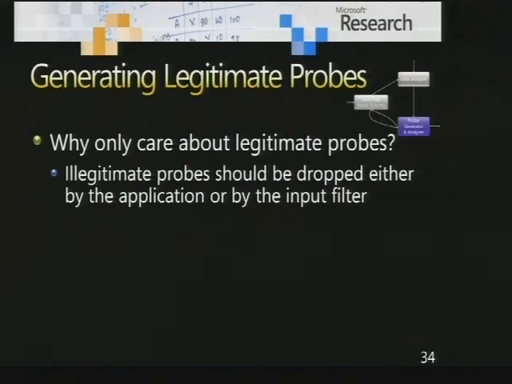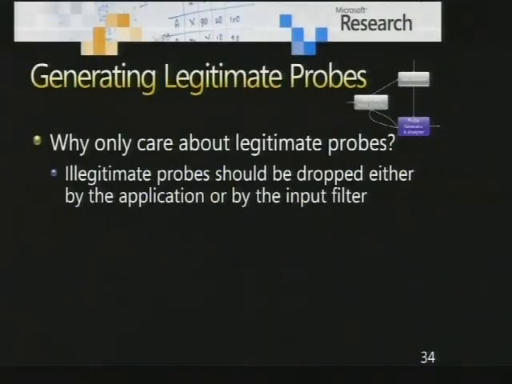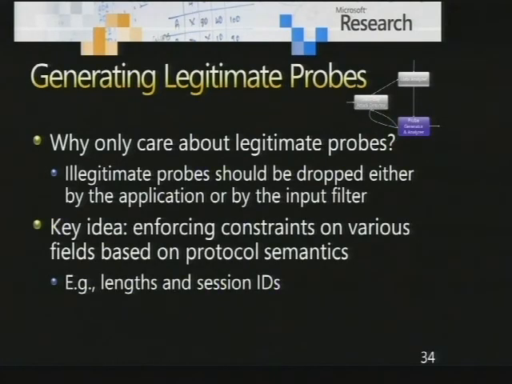First, I want to ask why we only care about legitimate probes. The reason is illegitimate probes would be dropped either by the application or by the input filter. So we don't want to generate invalid probes that will lead us to wrong results. The key idea for generating legitimate probes is to enforce constraints on various fields based on protocol semantics.